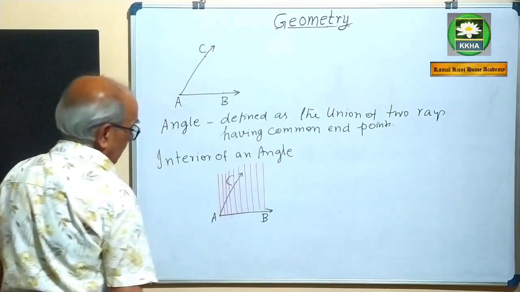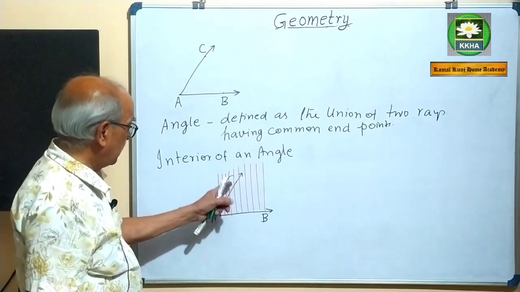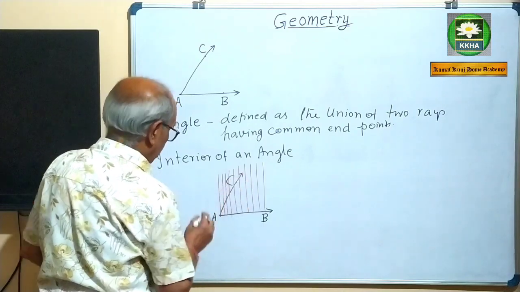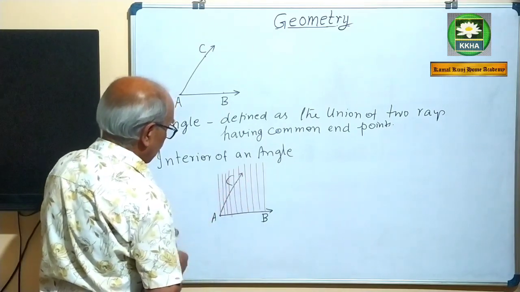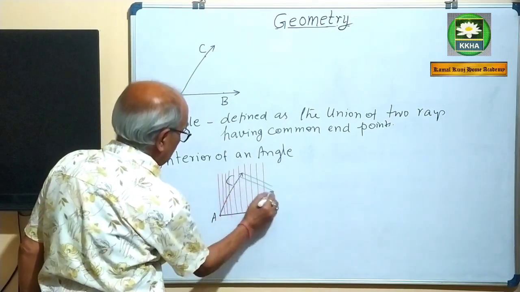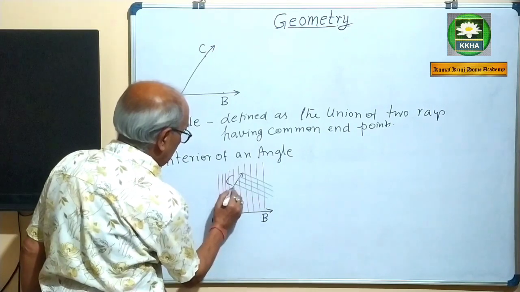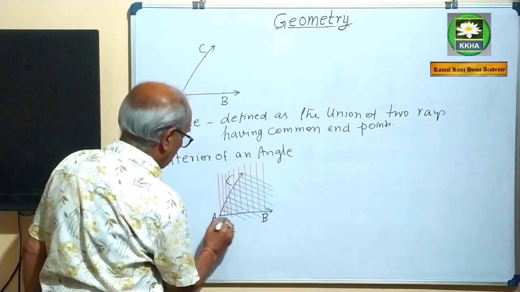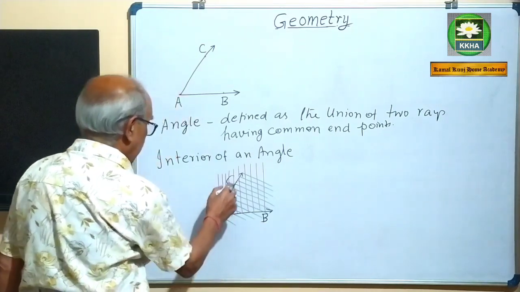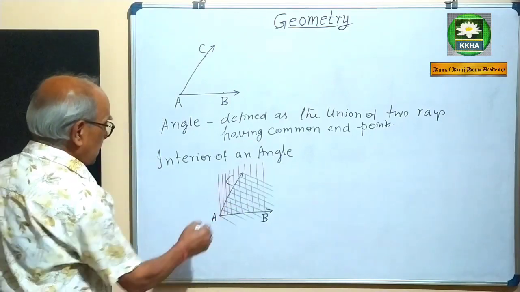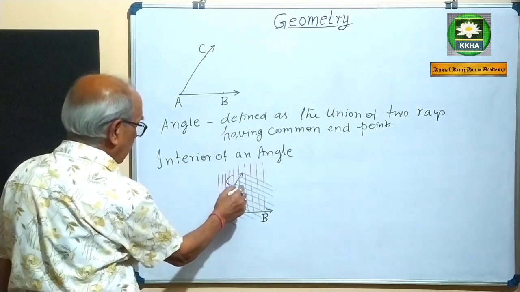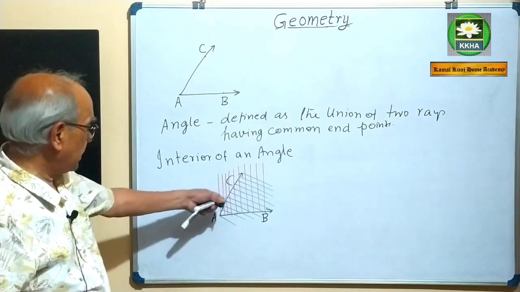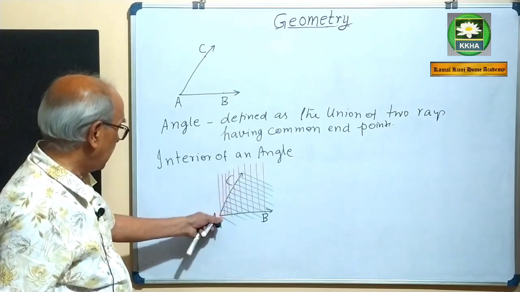This is the side of AB containing C, and this is the side of AC containing B. The portion having both red and green lines is called the interior of an angle.